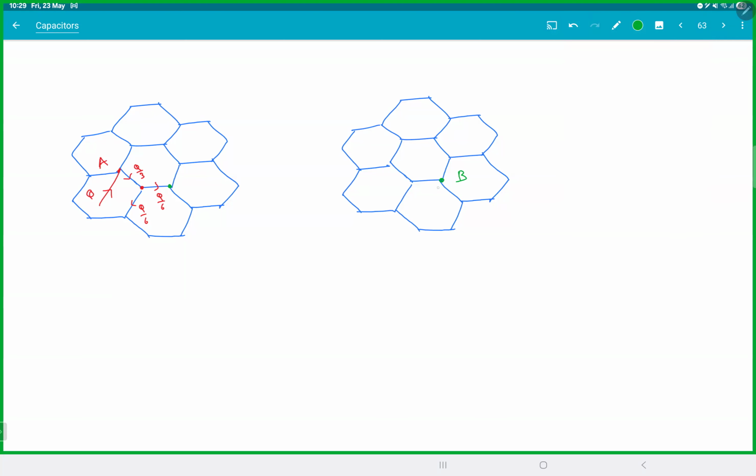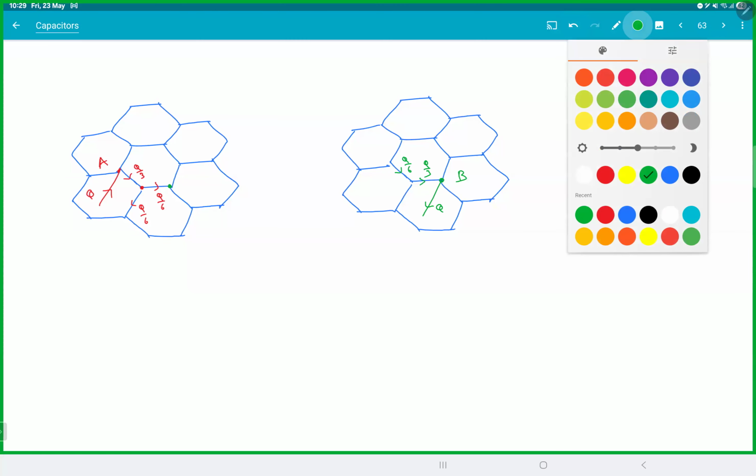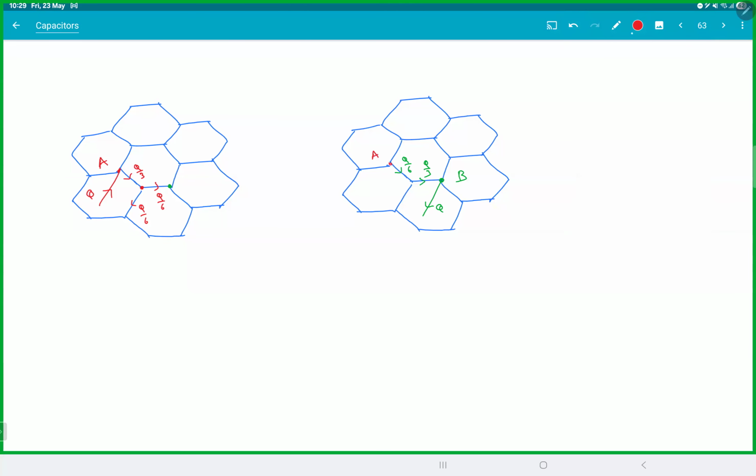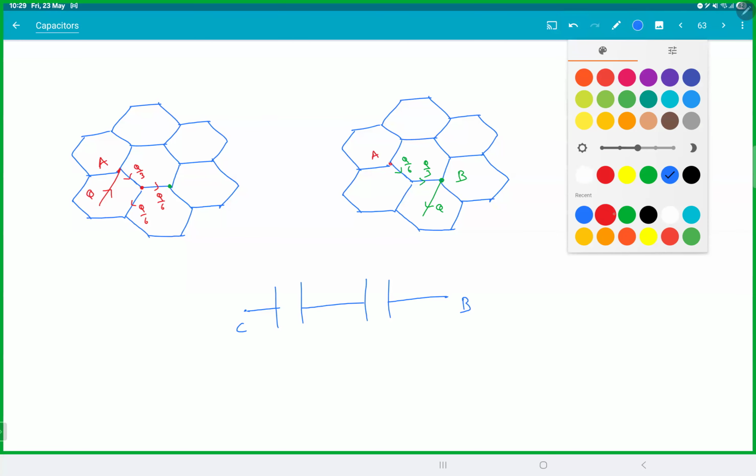Same argument if I do this. If I pull Q from here, this guy will be Q by 3 and this will be Q by 6. And this was A. So if you draw the capacitors between A, there are two capacitors between A and B. And the charge that is going is Q by 3 plus Q by 6.